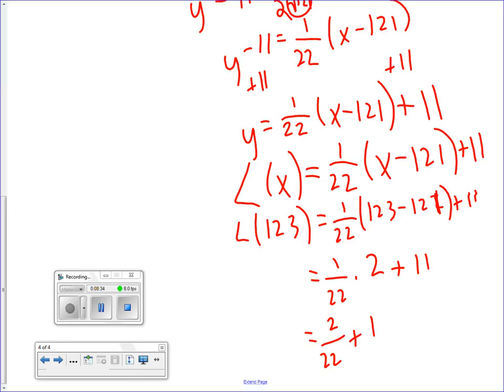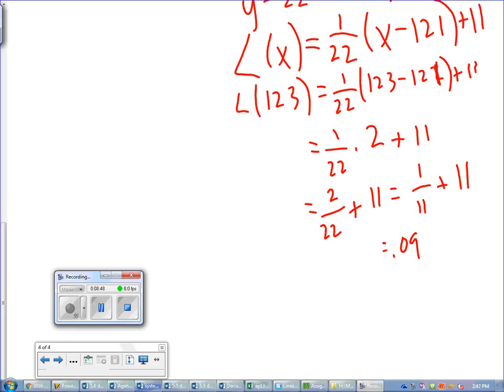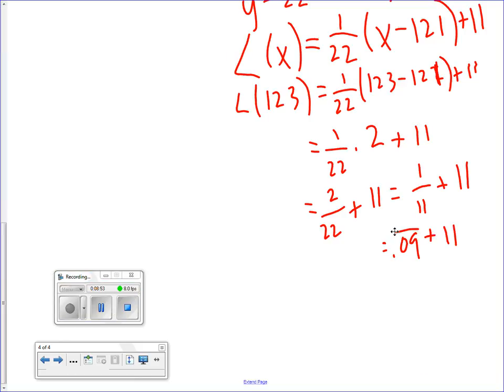So 2 over 22 is the same thing as 1 over 11. 1 divided by 11 is 0.09 repeating. So the square root of 123 is approximately 11.09 repeating, because that's the point on the tangent line, and we're really close to the curve when we're on the tangent line.